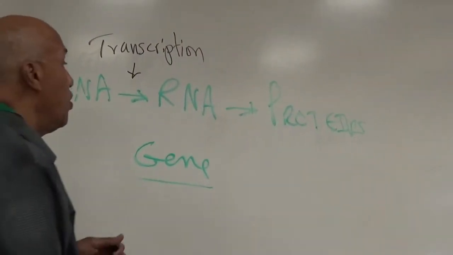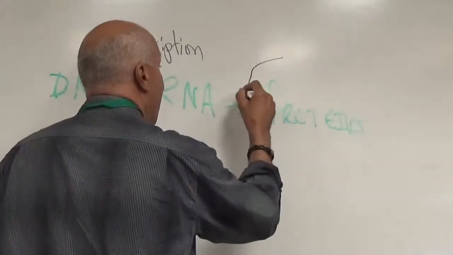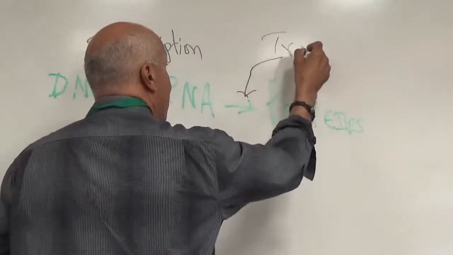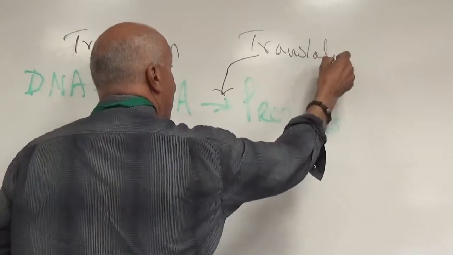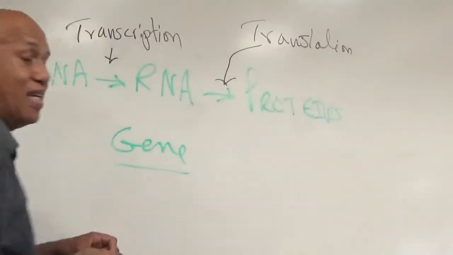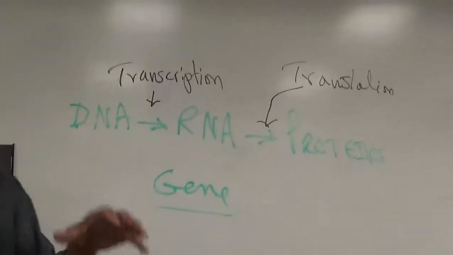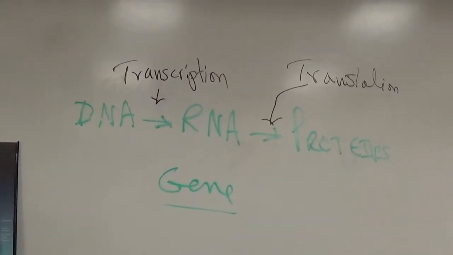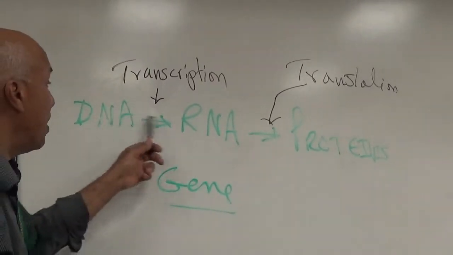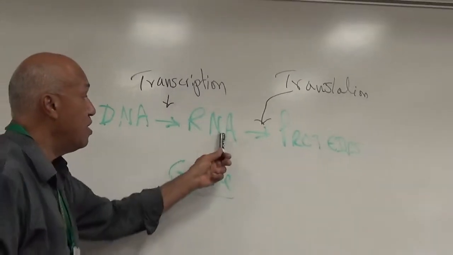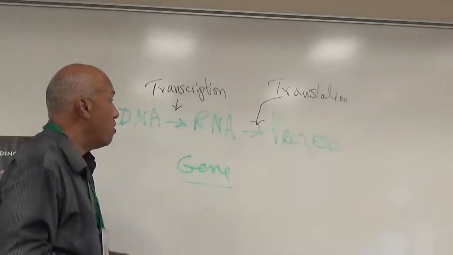When you go from making RNA to make proteins, it's called translation. So there's certain pieces to remember. If it's transcribing, you're making RNA. If you're making proteins using RNA, it's called translation.